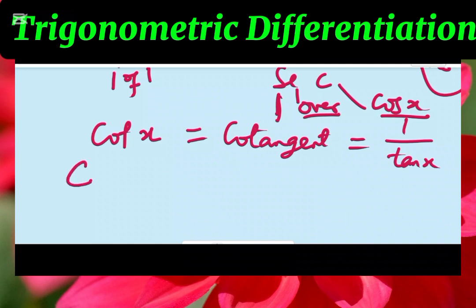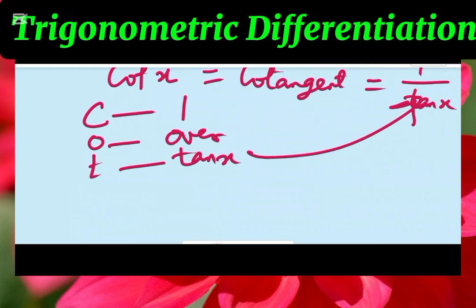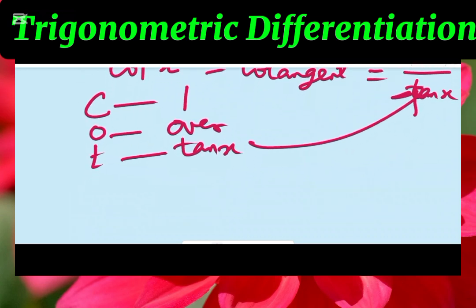I have c for cot, then cot: c is 1, o for over, t for tan x. So that is how we got this. It's the best acronym you can use to remember the identities of secant, cotangent, and cosecant.